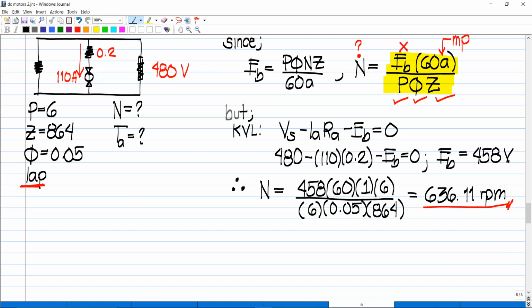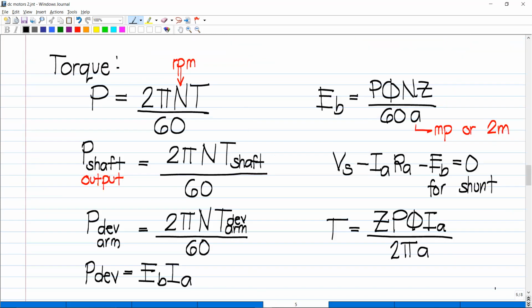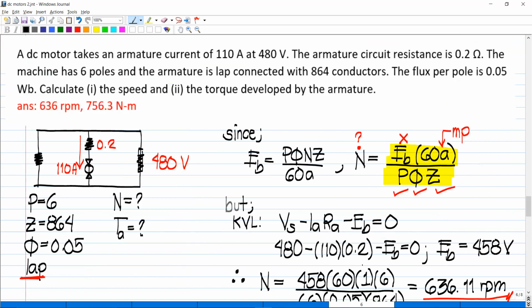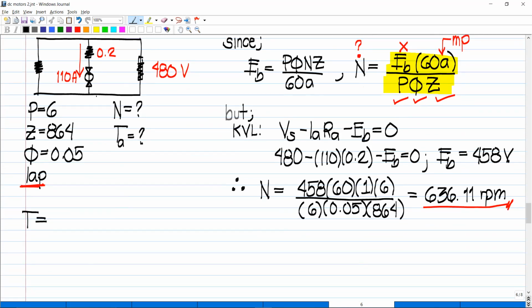So again, can we solve for the torque using this formula? Don't we have a formula directly for solving the torque? Z P flux IA over 2 pi A. Okay, let us list it here. So solving for the torque, we have Z P flux armature current over 2 pi times the parallel path. The Z is given, 864.